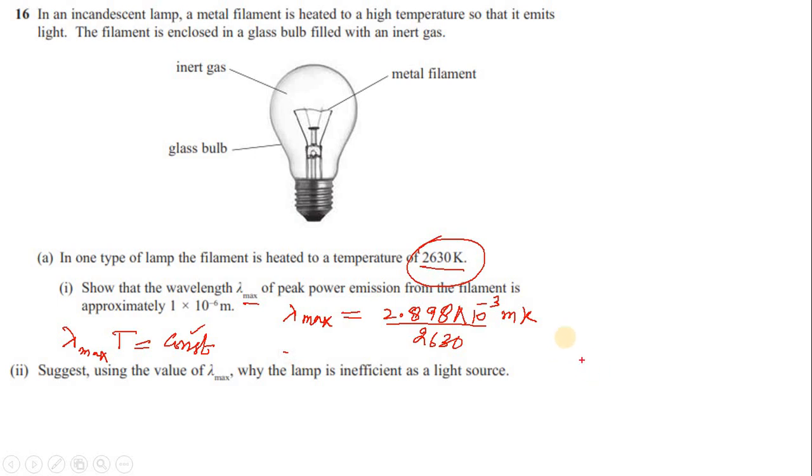So lambda max would be equal to 0.0011 times 10 to the power minus 3 meter, and if you shift this decimal here it will be 10 to the power minus 3 and minus 3, so 1.1 times 10 to the power minus 6 meter. This is the wavelength of maximum radiation.